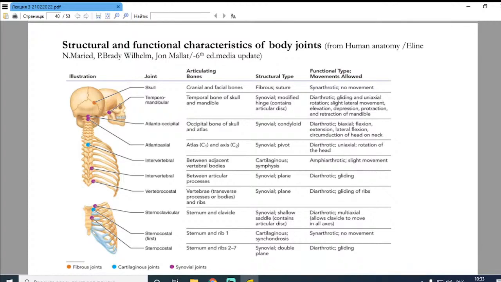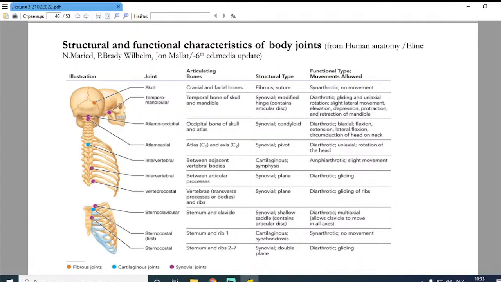You see joint, vertebra and thoracic type. What you see is the classification of joints, including articulating bones, structural type, functional type, movement allowed.